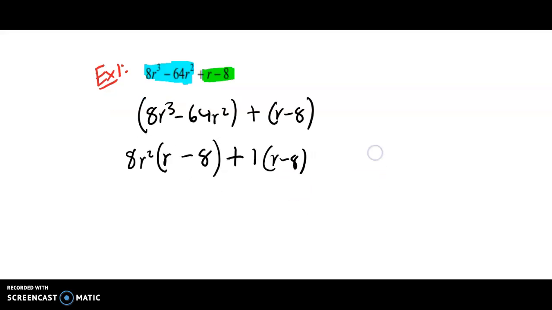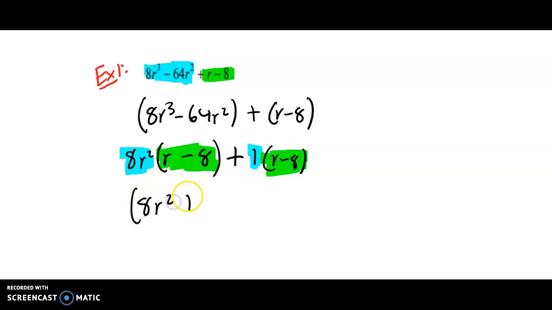All right. Now, these guys are going to go together, and these guys become one group. So I've got 8r squared plus 1 times r -8 equals 0. Equals 0 because we're solving. Color code these.